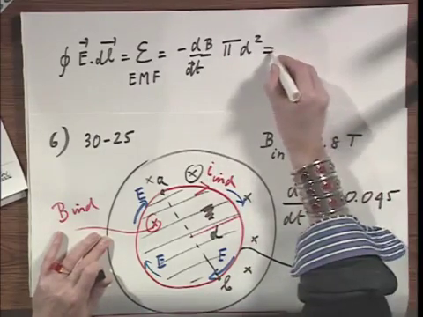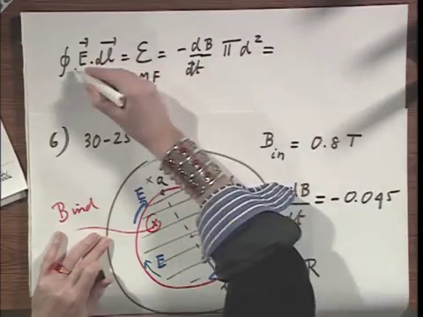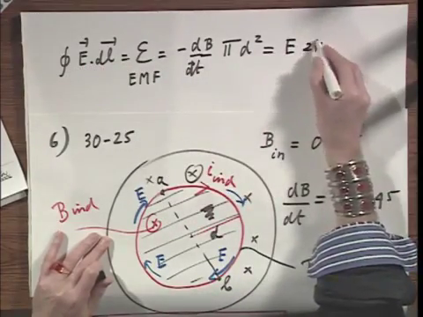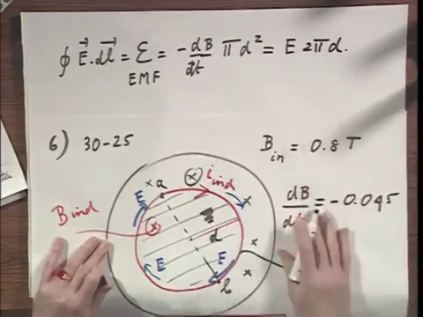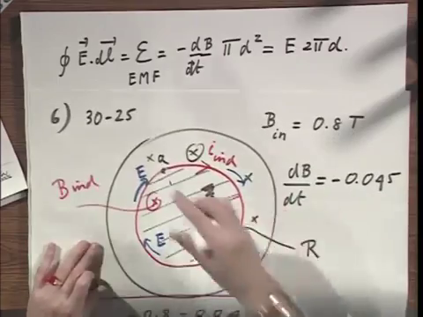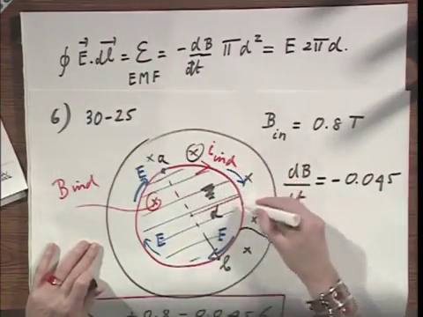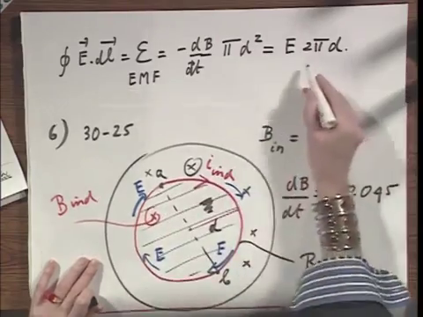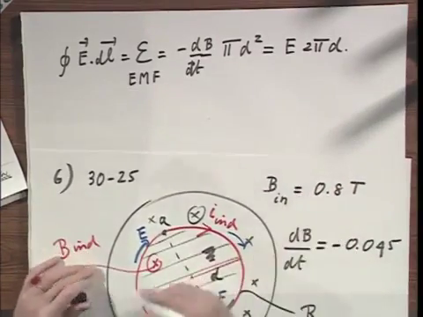That also equals E, which is the electric field, times 2 pi times d. Because when I go around, E dot dl, E is the same everywhere, so you get E times 2 pi d.